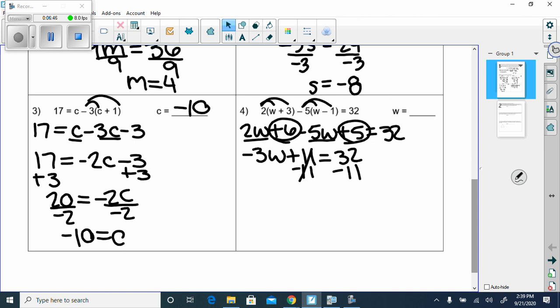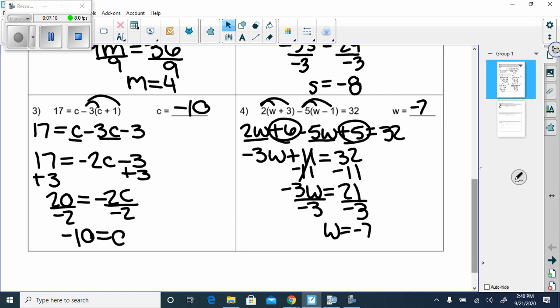Then divide by negative 3, which equals negative 7. There you go. So we did end up with w equals negative 7.